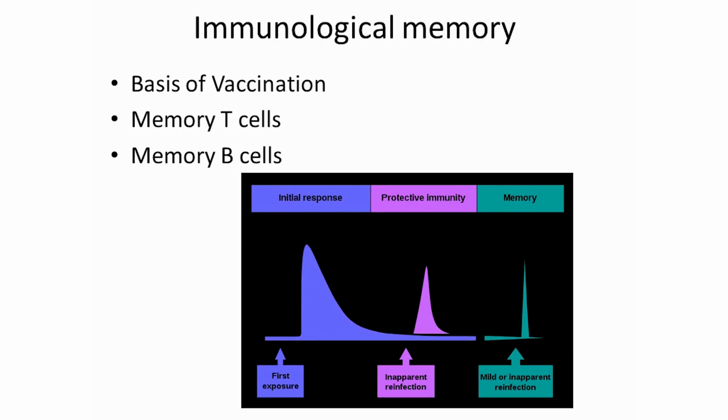Immunological memory, this is the last part in the basics of immunity. This forms the basis of vaccination, as we were talking about a few minutes before. T cells and B cells, both, after killing the pathogen through antibodies or through direct cytotoxic action, some of the T cells or B cells get converted into memory cells, and they can last for years, decades, and they form the immunological memory, which forms the basis for vaccination.